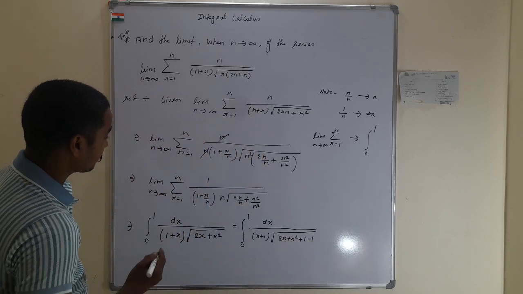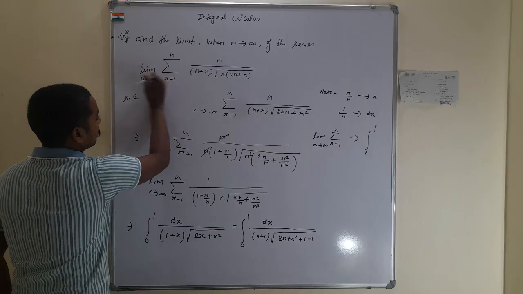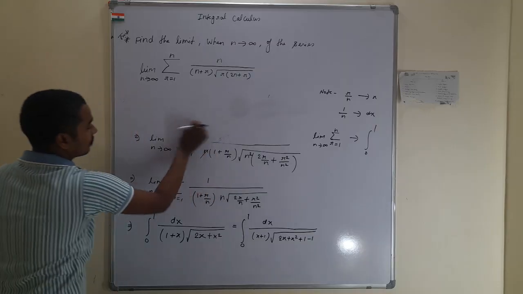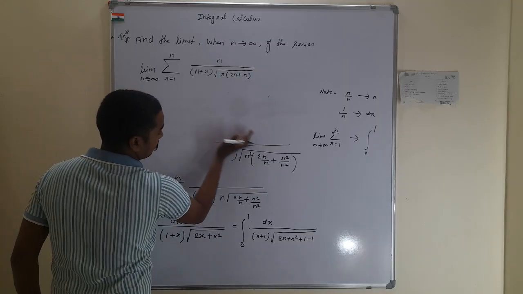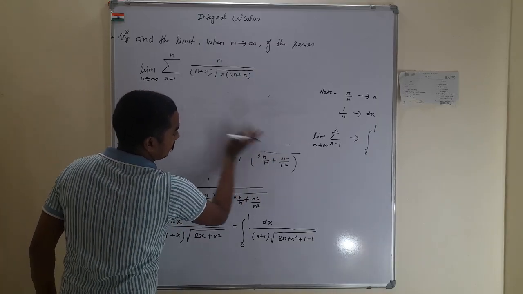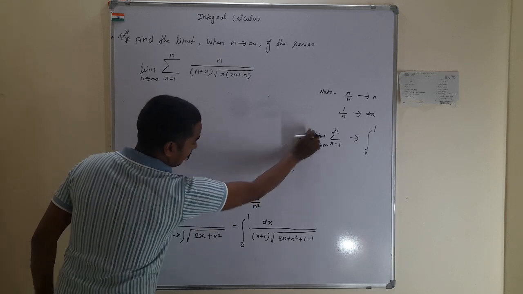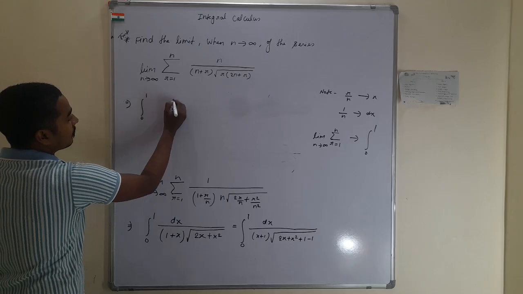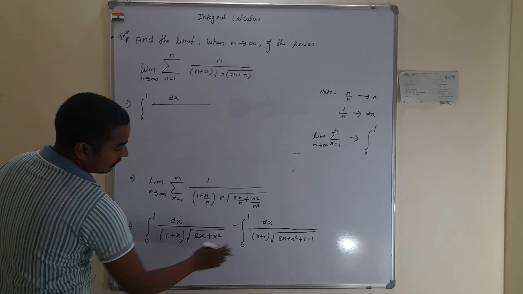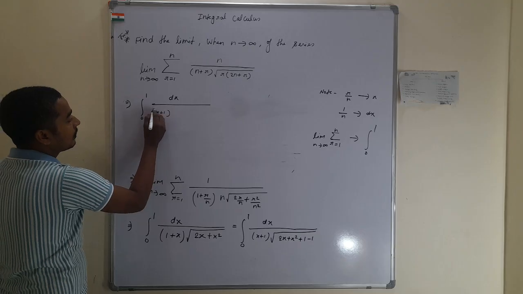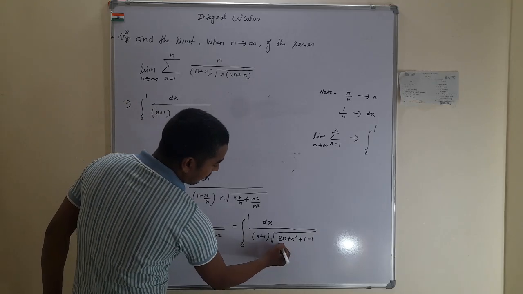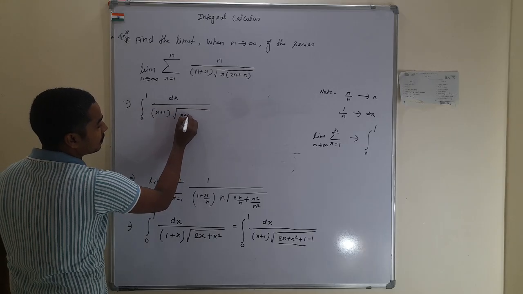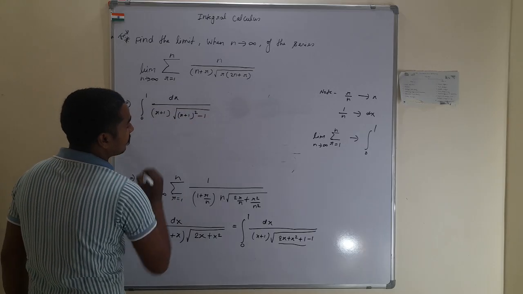This gives integral limit 0 to 1, dx upon x plus 1, and in place of x square plus 2x plus 1 we write (x plus 1) whole square minus 1.